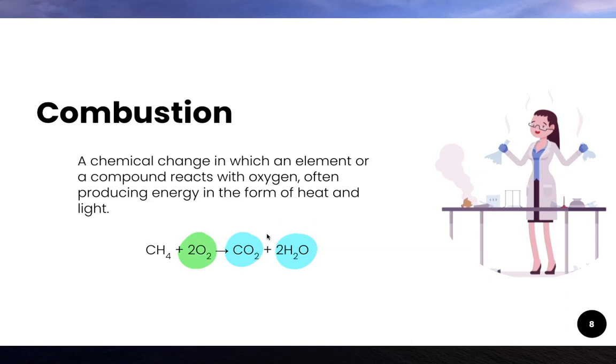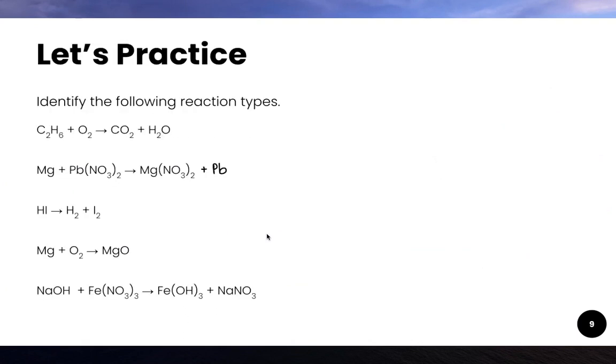The highlighted reactants and products will never change. So if you see this type of reaction and you see these products and this reactant, you will know you are dealing with a combustion reaction.